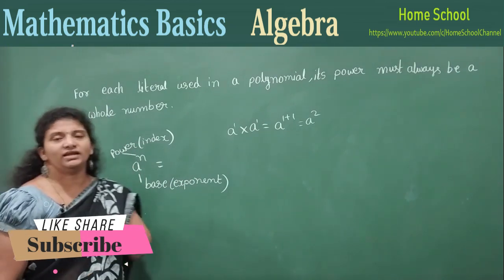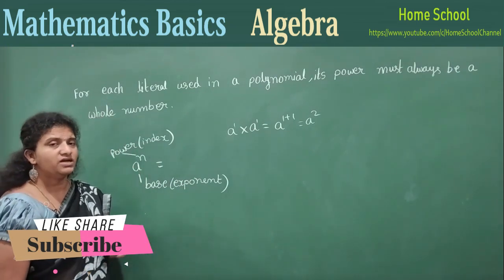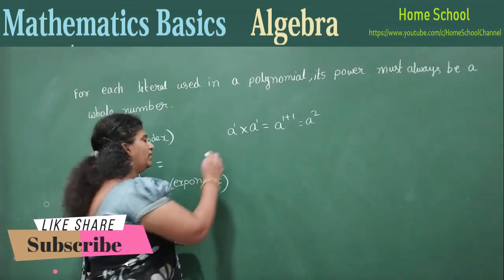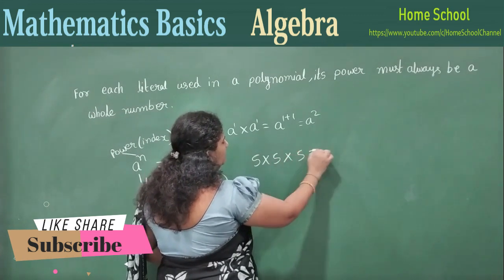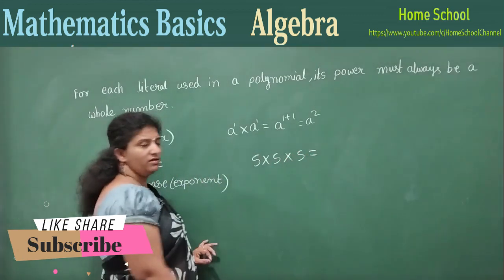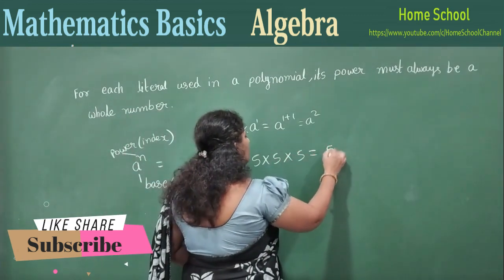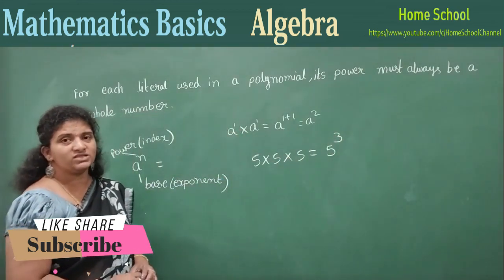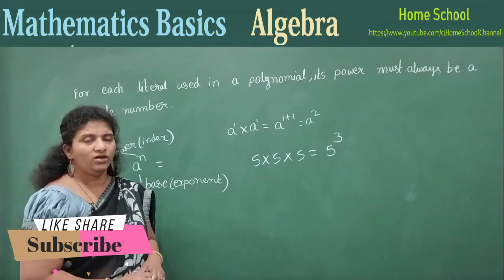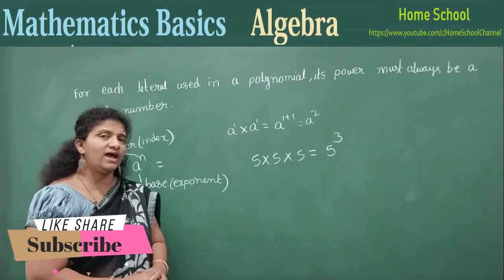How do we get the power and base? Suppose any number, let me take 5, multiplied three times. How do you rewrite this? 5 power 3. What is the base or exponent value? 5. What is your index or power value?